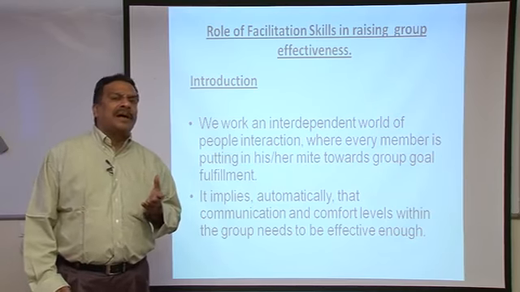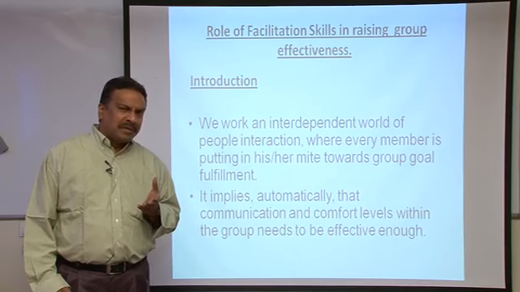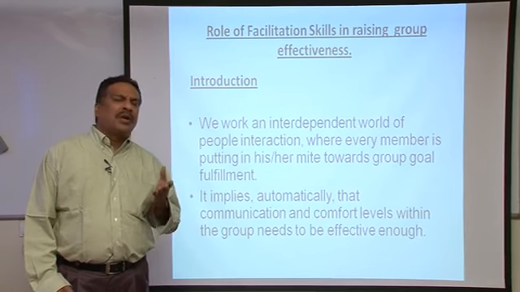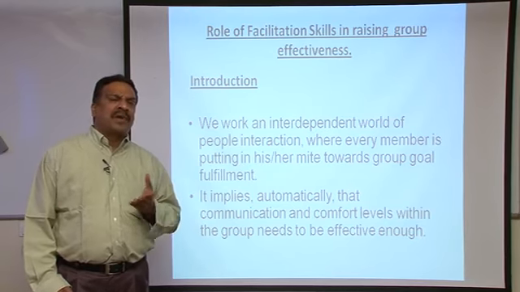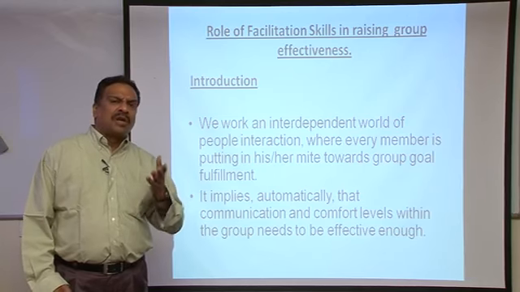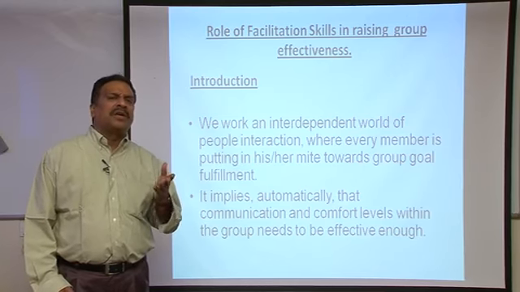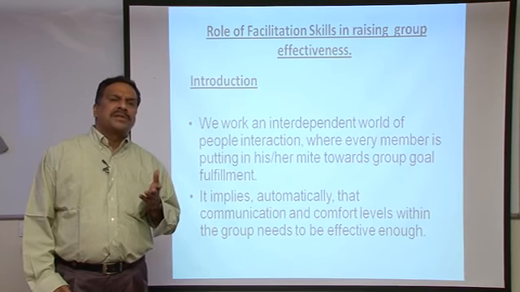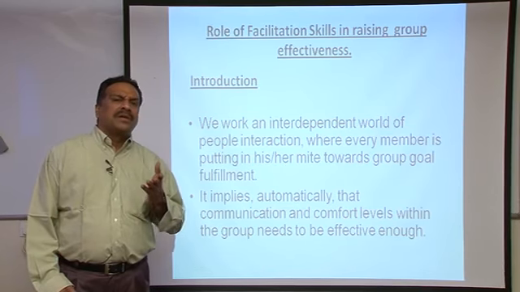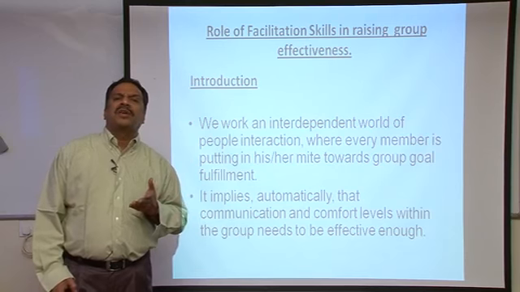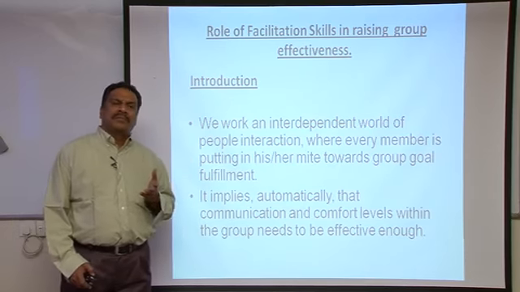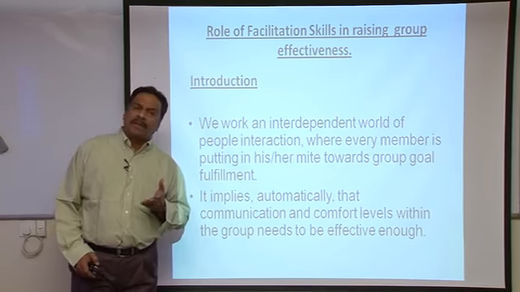I'm not an island. I work with other people together. There are some people who are not like me, and there are some people who are like me. So when I'm in a group, there's bound to be a certain amount of give and take of opinions, some suggestions, and the communication need not be to my liking. But I've got to work in a group anyway.